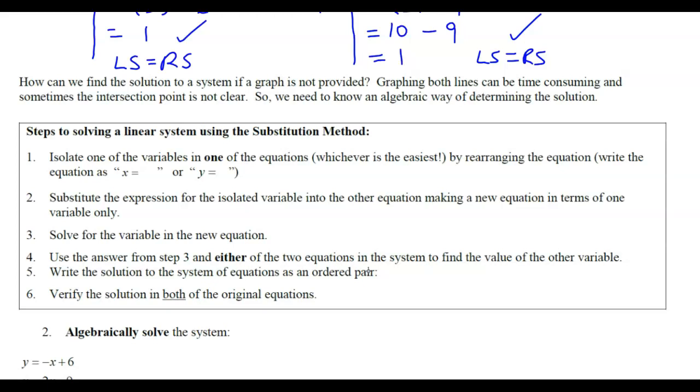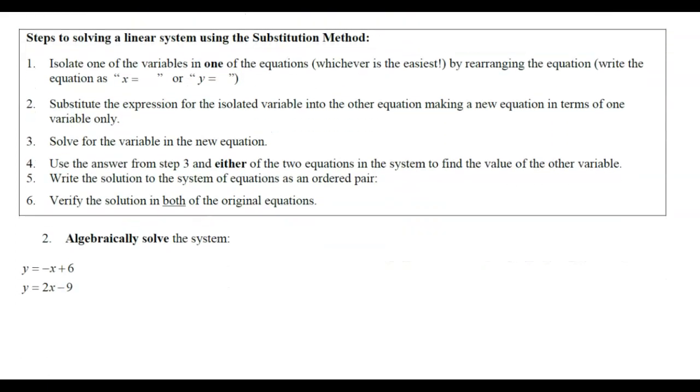Then we substitute that expression into the other equation, not the one we solved for. Then you only have one variable, and you solve for it. That's part of your solution. Then we take that and put it back into one of the original equations to get the other number. It's all there that you can read on your own. We're going to do an example.